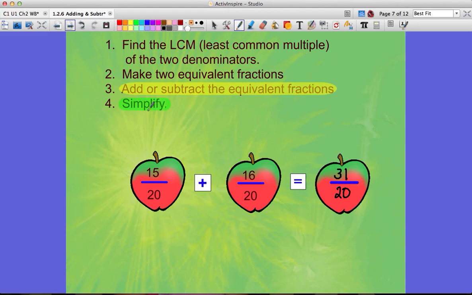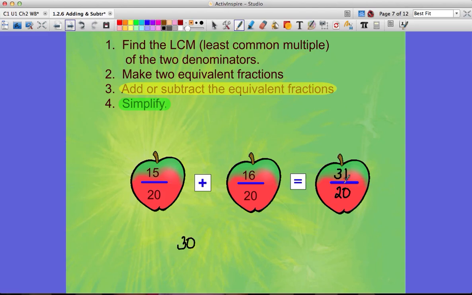Now the last step is always to simplify, and this also means to change the improper fraction to a mixed number if you end up getting an improper fraction. In this case, we did get an improper fraction, so I have to divide.